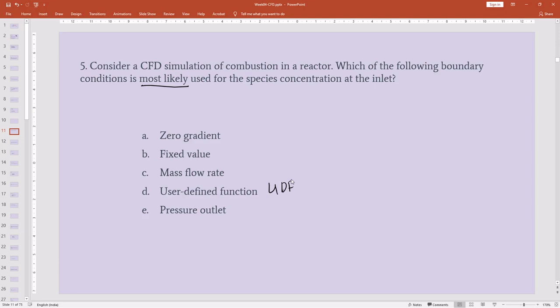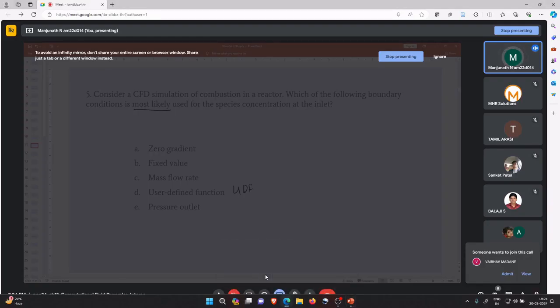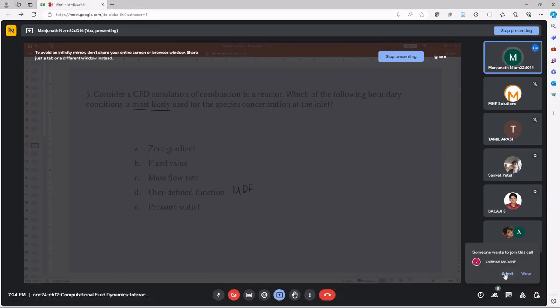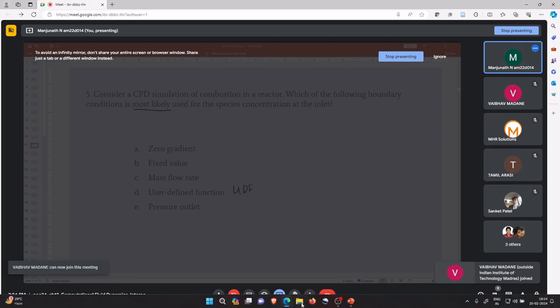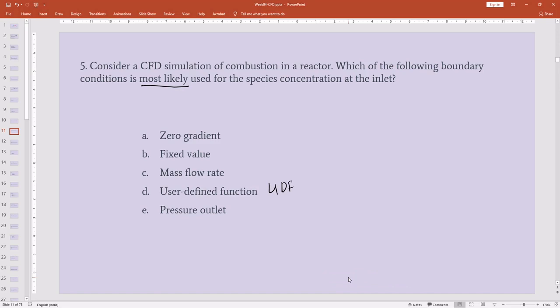Suppose it's a coupled system or something. In such cases, we need something called a user defined function. We can give the boundary condition as a function of some other variable or parameter. And the last option, pressure outlet. Outlet pressure cannot be the answer because it is a pressure outlet.